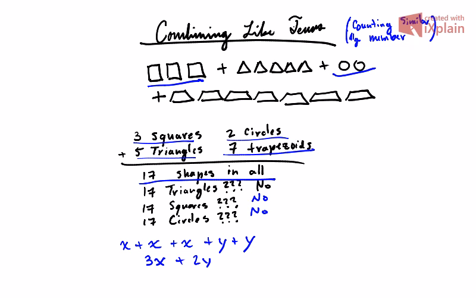Plus 2y. So whatever the values of x and y are, it doesn't matter. Just consider x and y as objects, okay? So really you have 3x plus 2y. So this will simplify down to 3x plus 2y. Okay, and that would be an example of how you'd combine like terms. It's the same thing with powers, and we'll talk about that in another video.